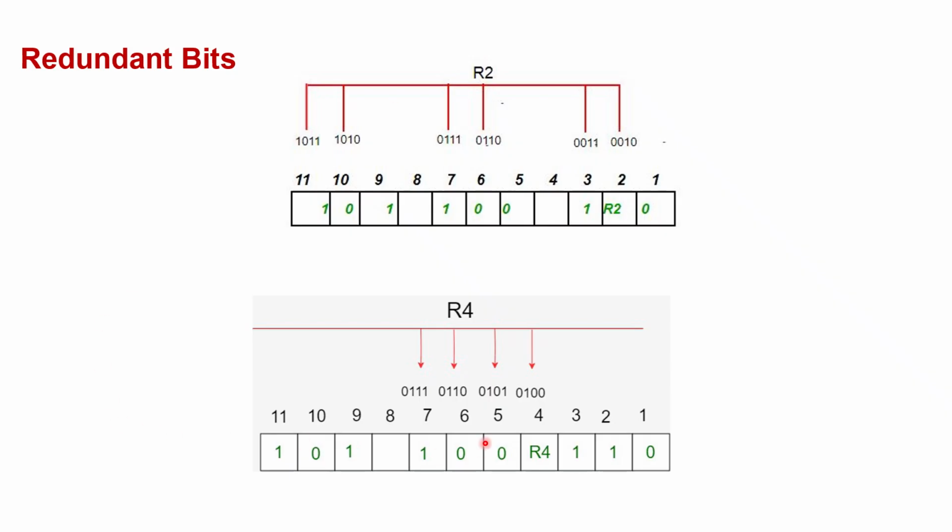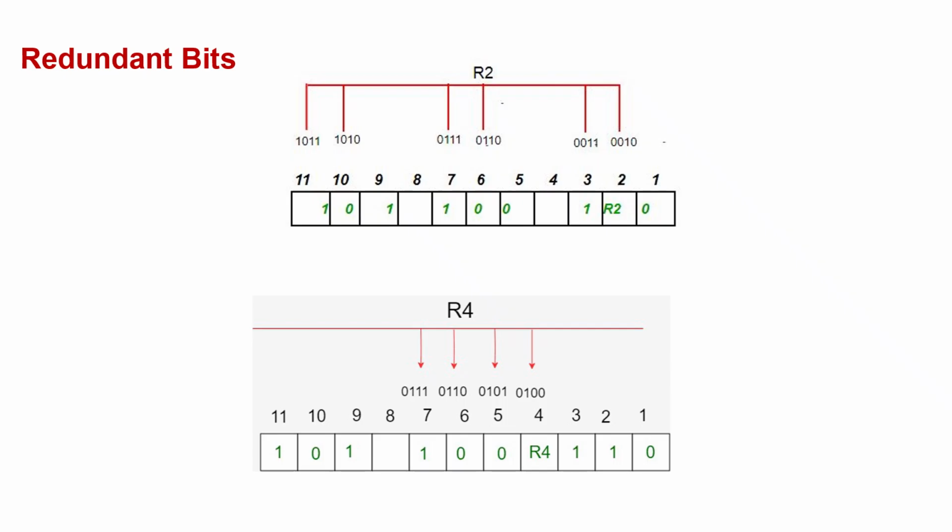Now let us calculate the R4 bit. The R4 bit is determined using a parity check on all bit positions whose binary representation contains a 1 in the third position from the least significant bit.